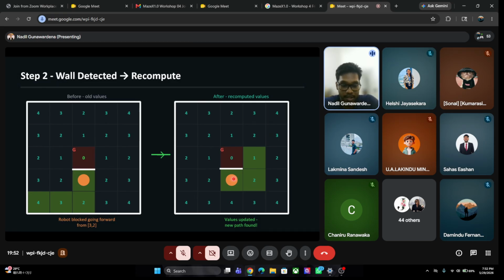In this scenario, I have given priority to move right. So it moves right to number two, and then again to number one, and then it reaches the goal. So that's how it recomputes the flood fill algorithm every time a wall blocks its path. This is clearly shown here.